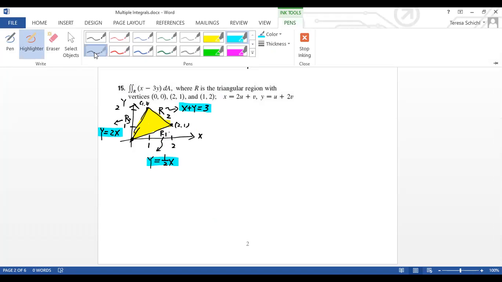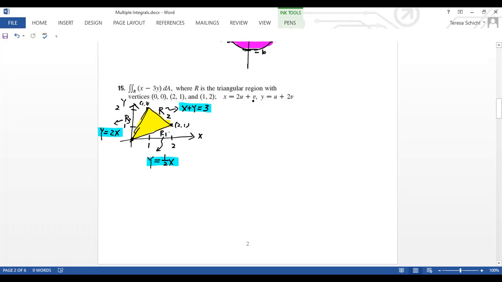We say, okay, now we do this: x equals 2u plus v, y equals u plus 2v. Let's see how we transfer this into our integration regions. We do not like those types of problems, because then we need to do each one, so we just need to be patient.